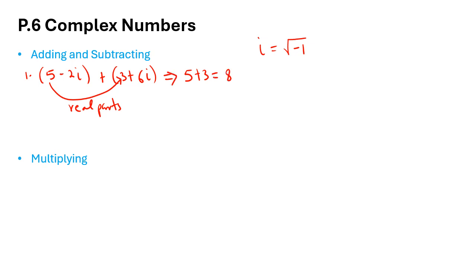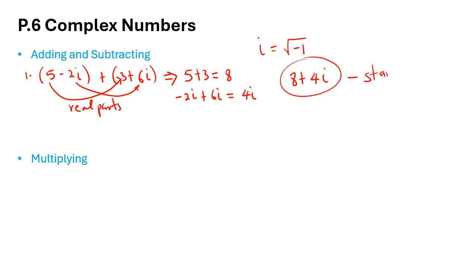And then we also look at the other parts, which we call the imaginary parts. So it will be -2i plus 6i, and that is equal to 4i. So when we add these complex numbers, it will be 8 plus 4i, and that's what you call the standard form.